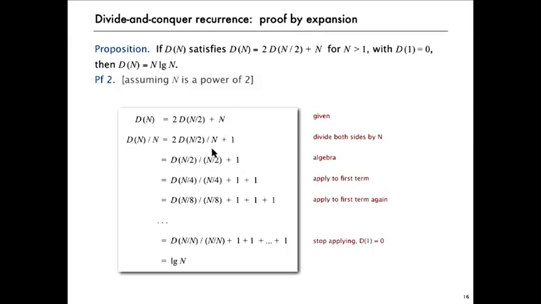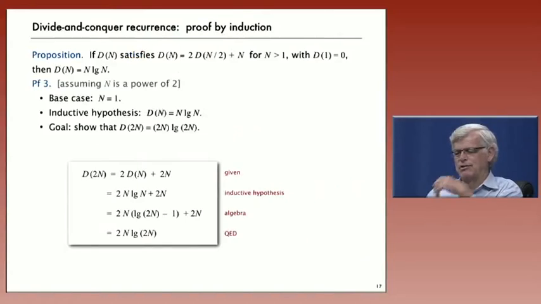The first term on the right-hand side is exactly the same as the left-hand side, so we can apply the same formula. And all it does is divide by 2 again and then throw out another 1. And we keep doing that until we get down to d of 1, which is 0. And when we've done that, we've thrown out log n 1s. So we get d of n over n equals log n, or d of n equals n log n. That's another proof by expansion.